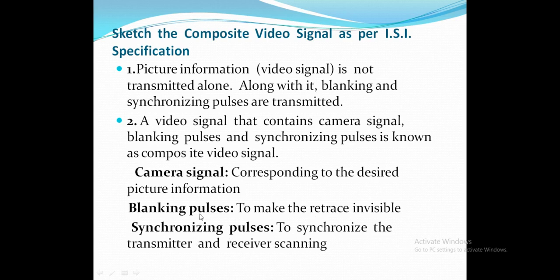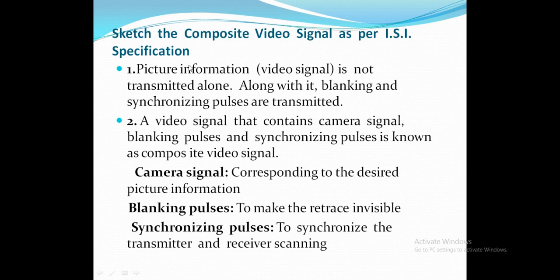A video signal that contains the camera signal, blanking pulses and synchronizing pulses is known as a composite video signal. In the composite video signal, we have three types of signals: camera signal, blanking pulse and synchronizing pulses. Okay. So, this is about what a composite video signal is.